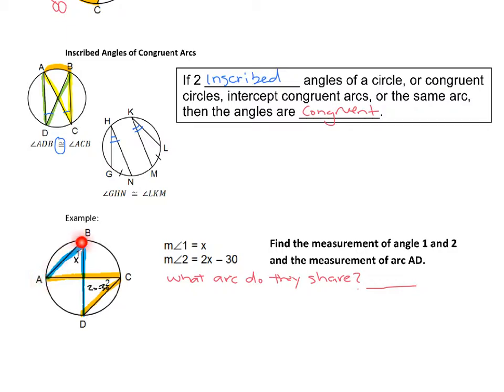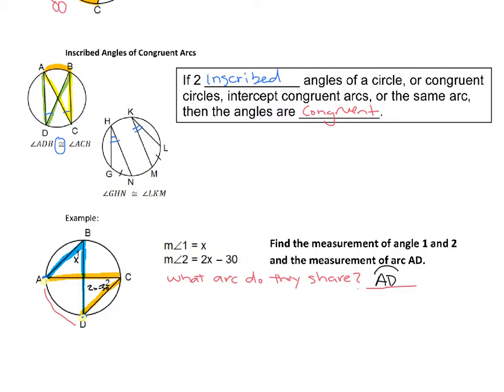If I see angle 1, in blue, it goes from here to here. And the next one, angle ACD, also goes to those same points, which tells me that these two do share an arc, and that would be arc AD.